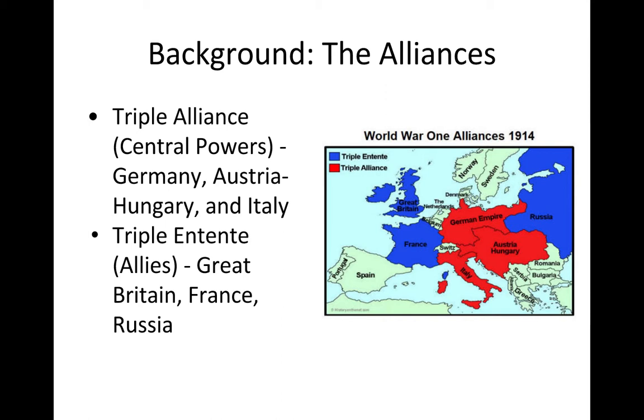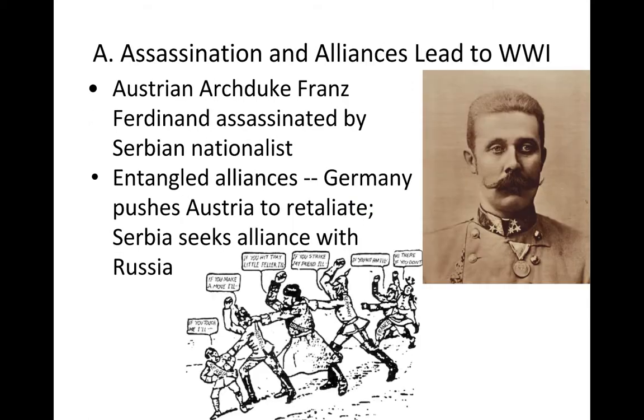But these alliances ultimately end up involving many other countries as well, which is one of the reasons why the assassination of Austrian Archduke Franz Ferdinand in 1914 escalates into a prompt entry into war. So the Archduke was traveling through Serbia, and he was shot and killed by a Serbian nationalist.